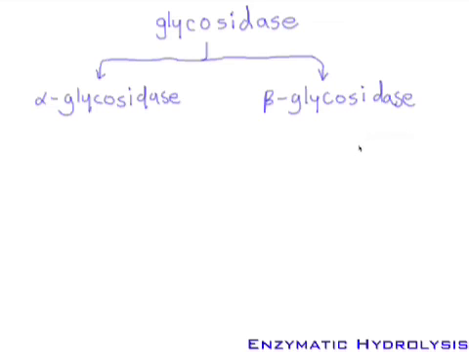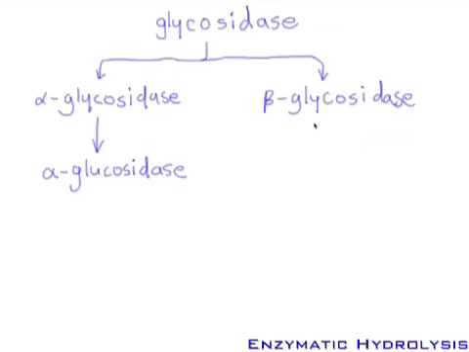But you can get even more specific. When you use the term alpha glucosidase, you're saying the enzyme will break an alpha glucose linkage. I would not try to use an alpha glucosidase on an alpha galactose.